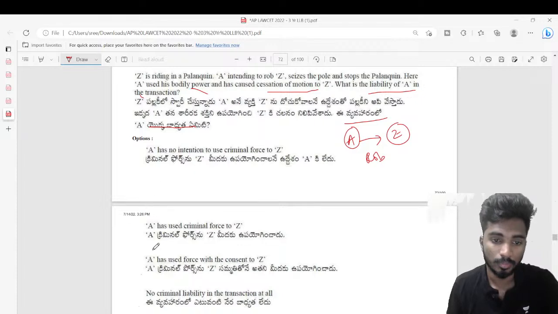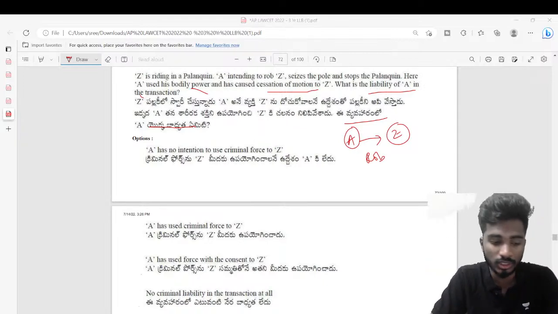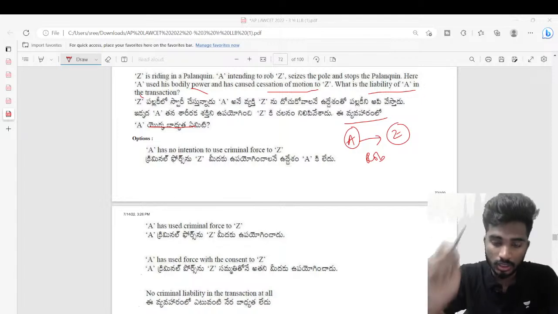It is really, really important, right? Because yesterday I told you, where does the crime originate? Crime ఎక్కడ originate అయితే, where does the crime start? So crime actually starts in the brain, right?